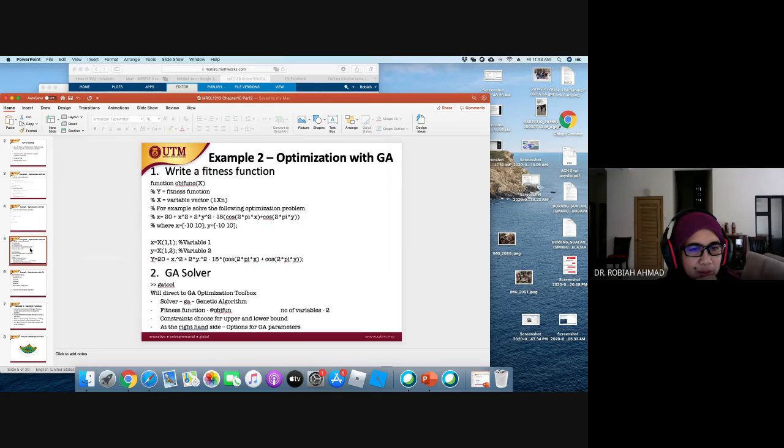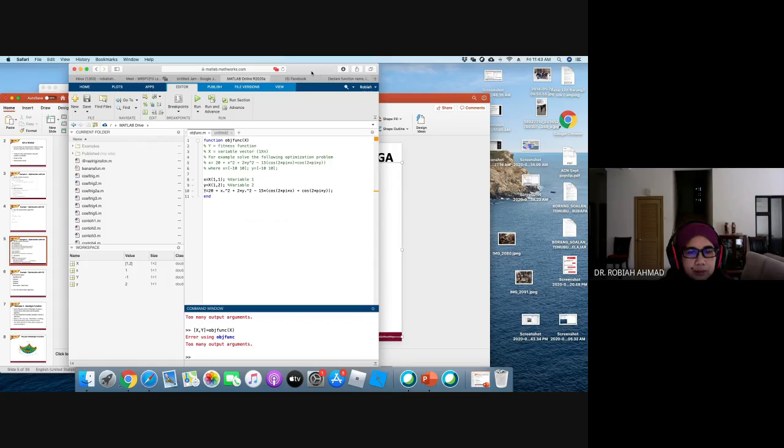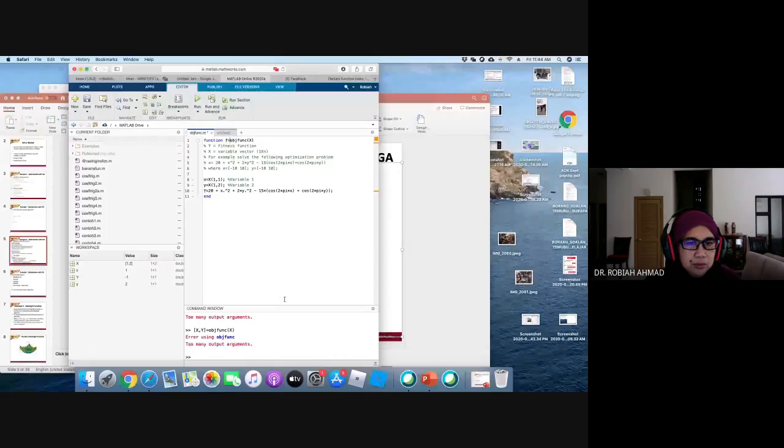We should have something equal to the objective function x. I think I missed the name of the function f. Okay, function f equals to objective. f equal, save.